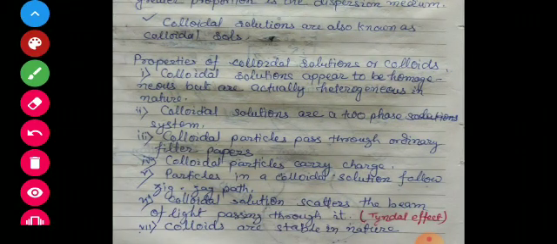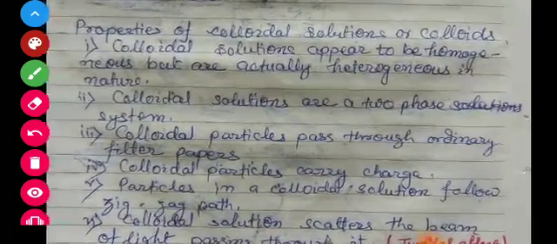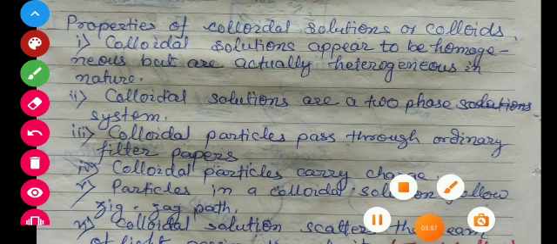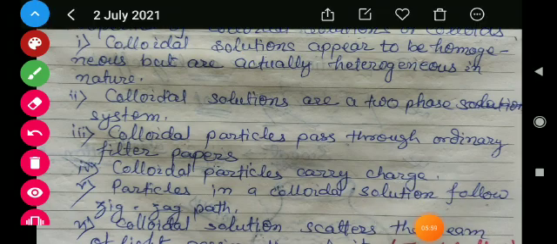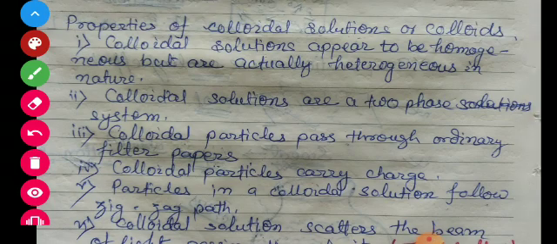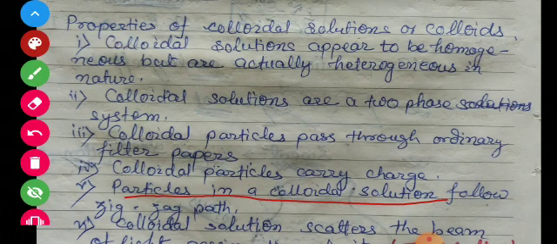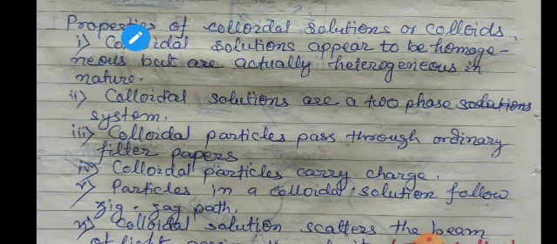Here are the properties of colloidal solutions. The first property is that a colloidal solution appears to be homogeneous but is actually heterogeneous in nature.